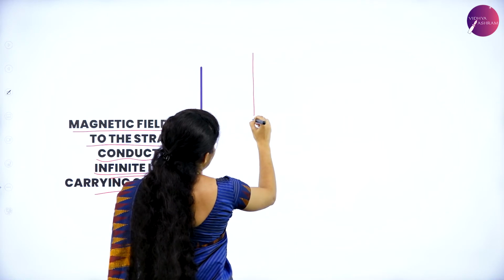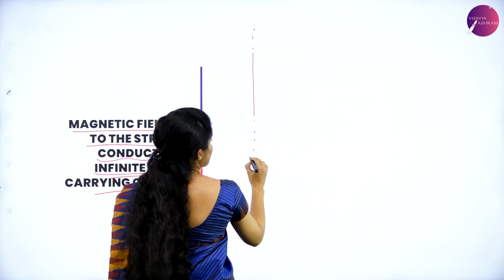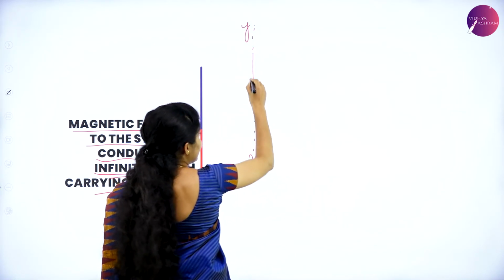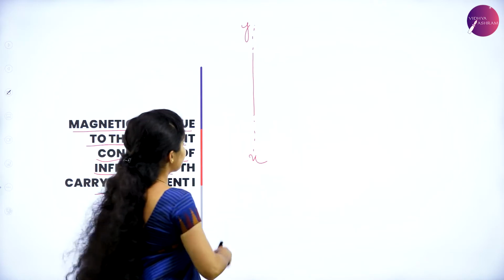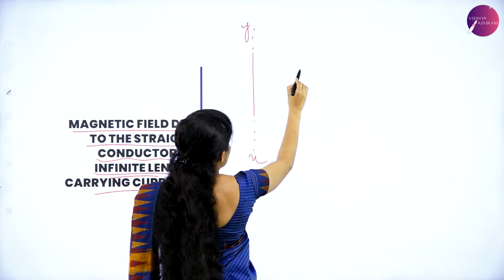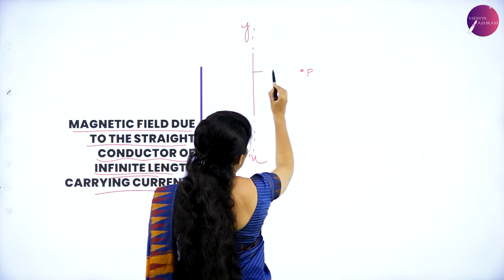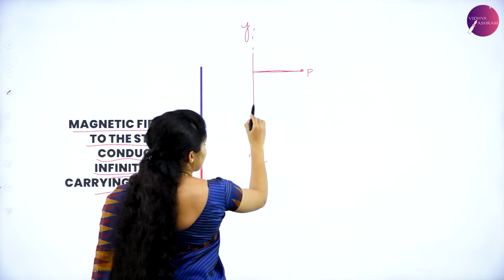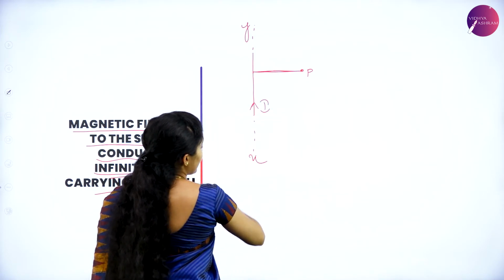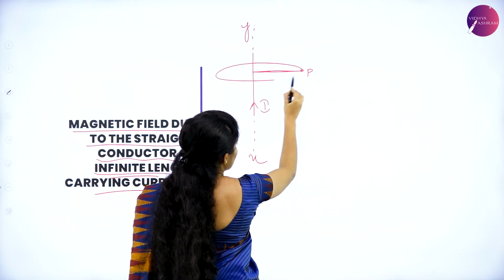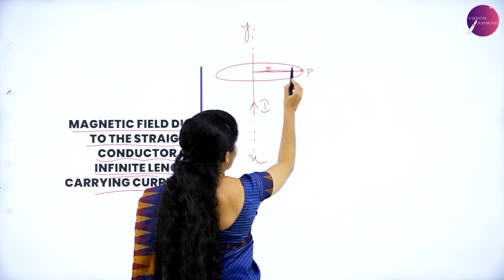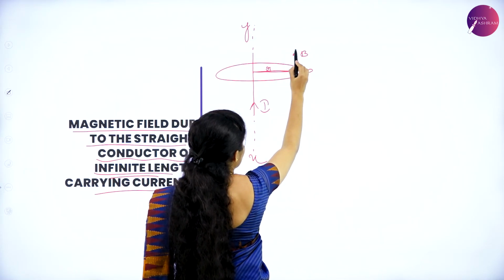Consider a straight conductor of infinite length carrying a current I, name it as X and Y. It is dotted, meaning infinite length. There is a point P away from this line element, perpendicular to the current. If you draw a circle of radius R, the magnetic field is acting parallel to it.